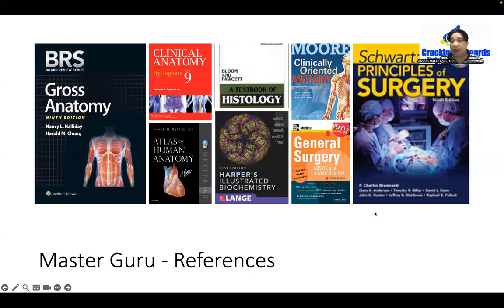Now, I am putting in some Principles of Surgery Swartz, as well as General Surgery Absite, and some entries which were lifted from Harper's Biochemistry, which actually were the references used for the actual questions that came out.